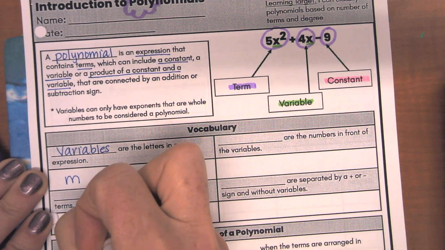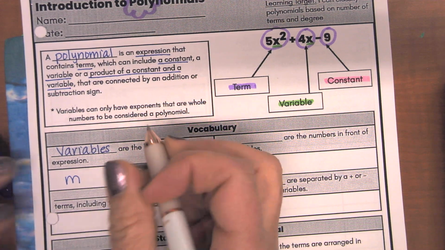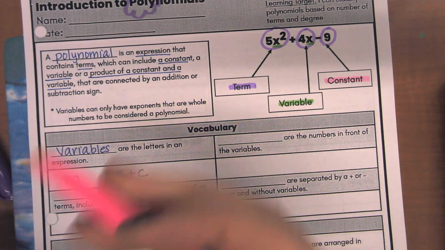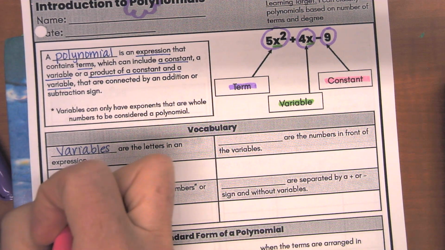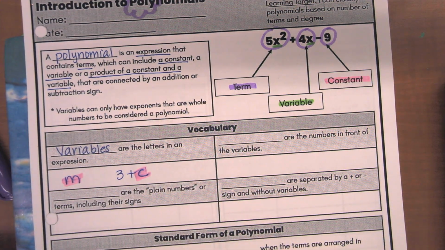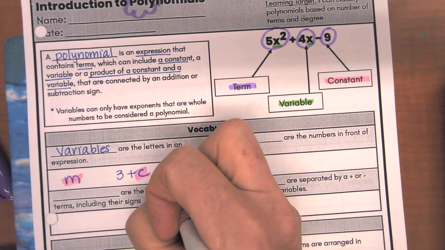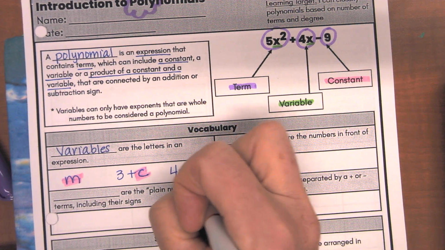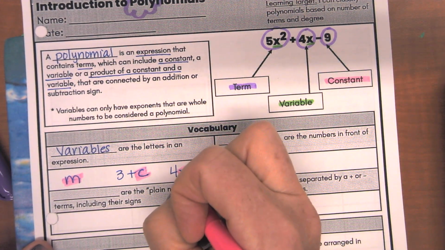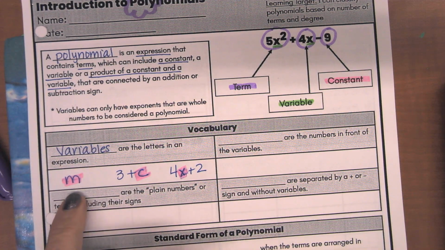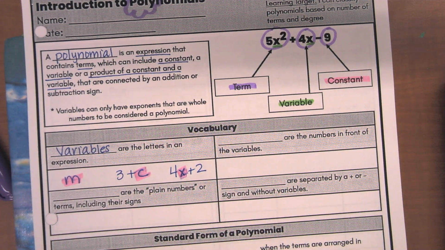If I have 3 plus c, notice that my variable is the c. My variable is the m. I can also have 4x plus 2. And then in this case, my variable is x. So variables are the letters in an expression.